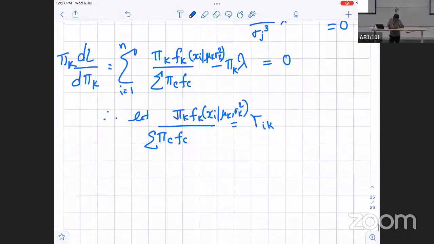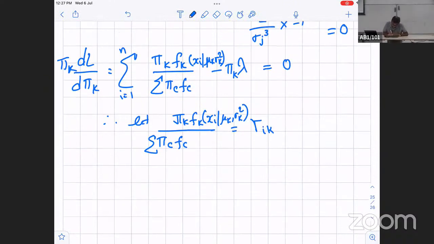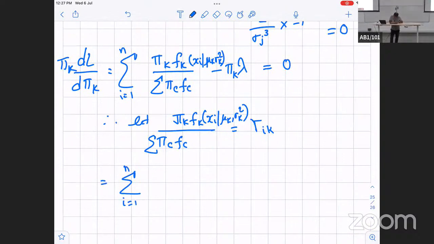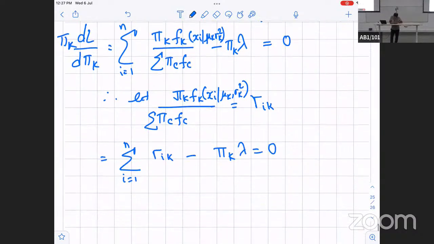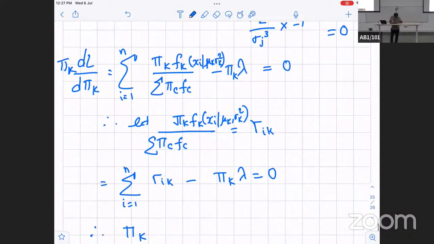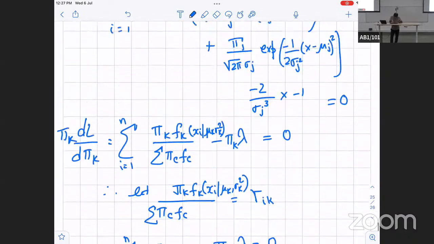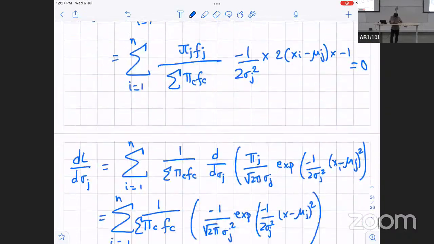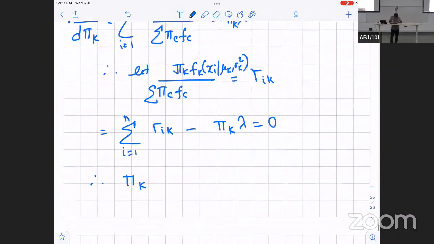When you do that, what you will get is the summation i equal to 1 to n of gamma i k minus pi k lambda is equal to 0. Therefore, I think it was plus lambda, so let's write it as plus lambda.